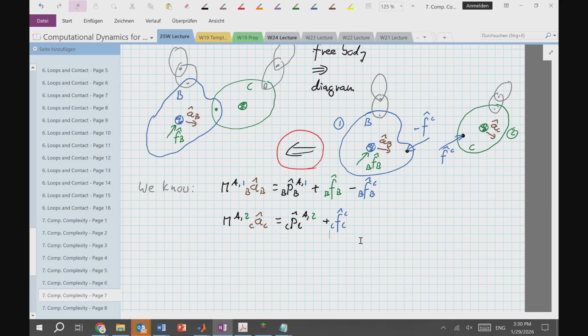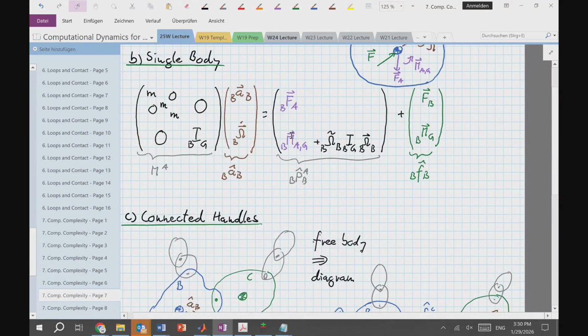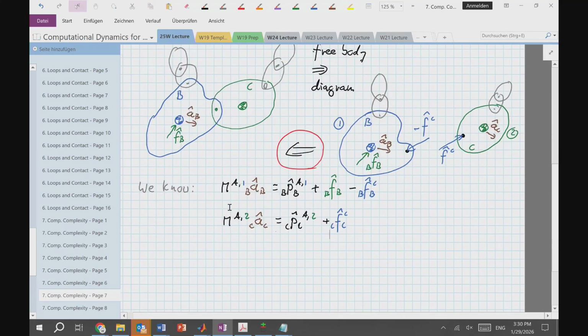So this is given somehow, and we can always say these are not articulated bodies, but single bodies, and if they're single bodies, we could just use these quantities to get MA1, MA2, and the bias accelerations. So somehow the black quantities are given. The accelerations, forces, they are unknown, but we don't need to eliminate all of them.